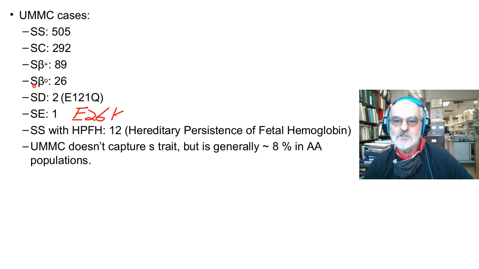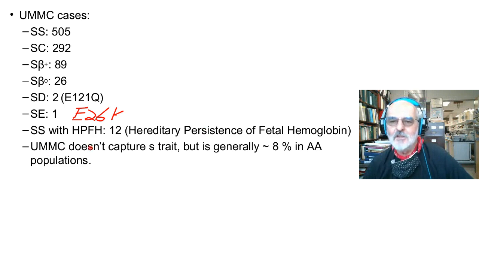So just like this patient has S beta 0, has worse sickle cell, so they have trait, but they actually have sickle cell disease because they're homozygous for S since there's no B. These patients have milder sickle cell, okay? And it's because of increased levels of fetal hemoglobin.